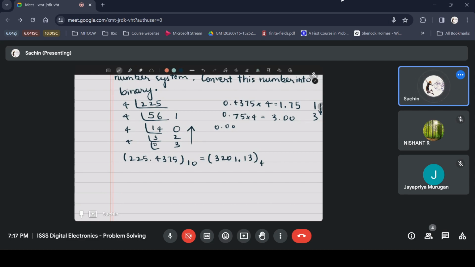So again, if you remember the principle for base 8, which is 2 cubed, we represented each of the octal number using 3 bits. For 2 power 4, which is base 16, we use 4 bits.